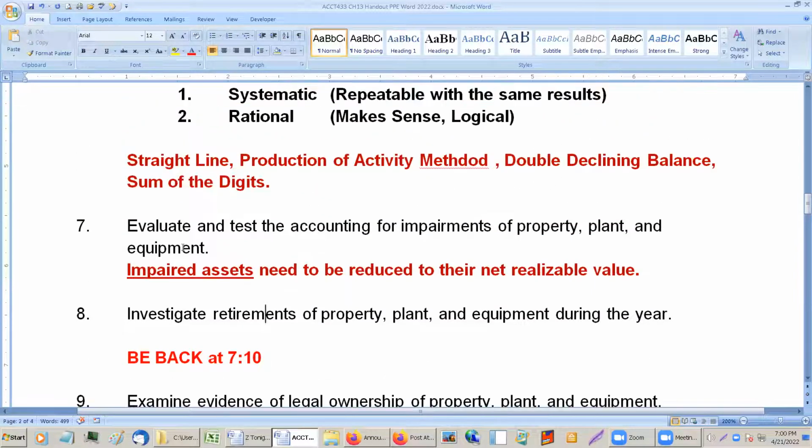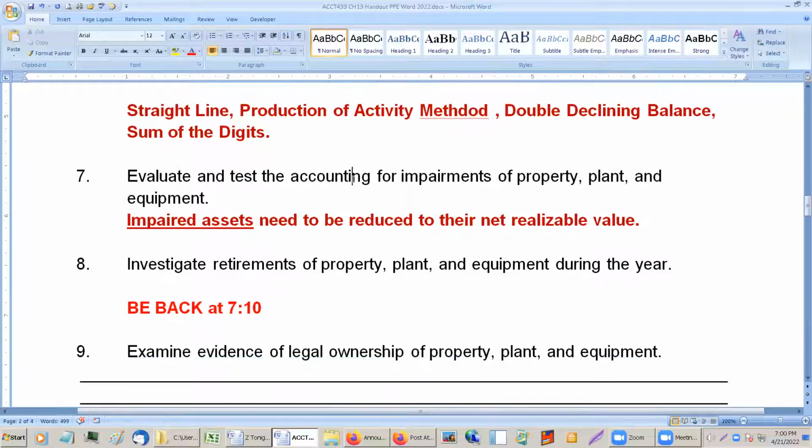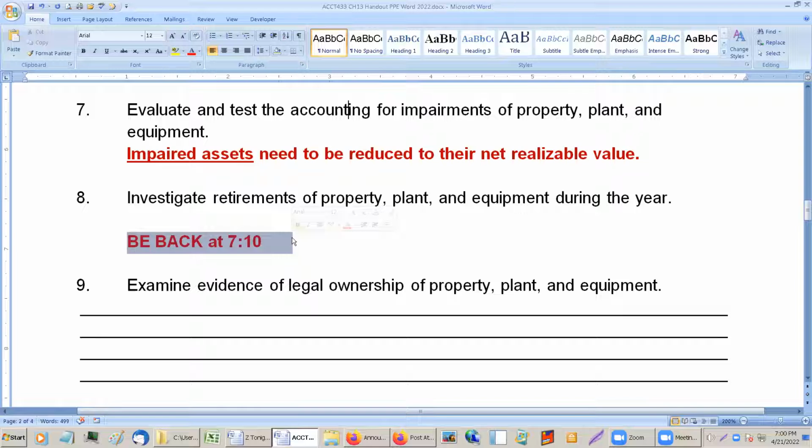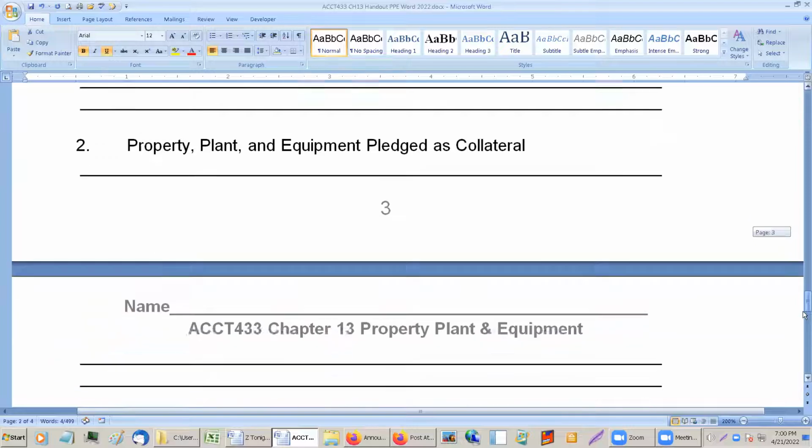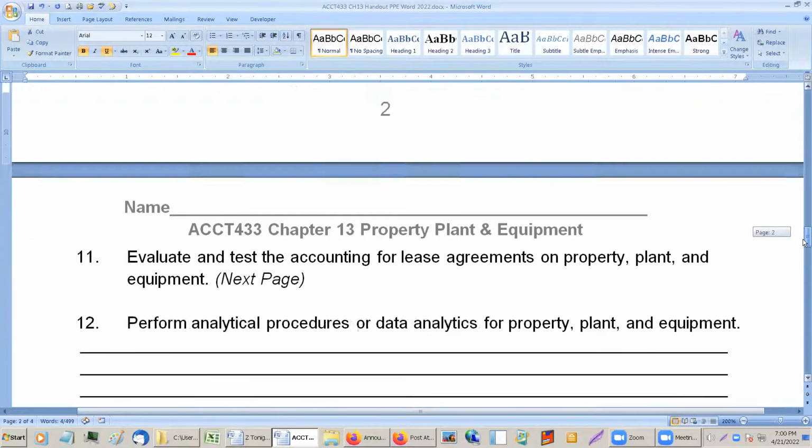Okay, any questions on this? The impairments? Okay, all right. So I'll be back at 7:10. We'll certainly finish this handout tonight.